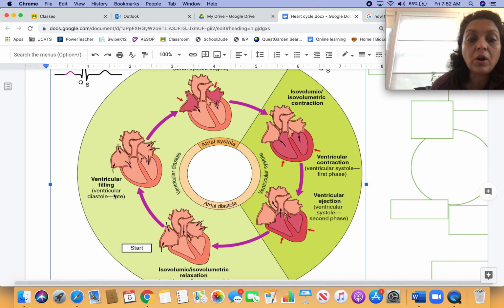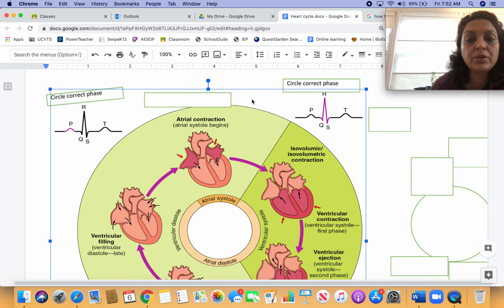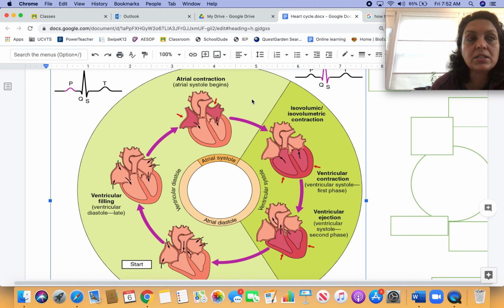At the later part, after about 110 milliseconds, the ventricle starts filling up and it is ready to go into the atrial systole again. So that was the big picture here, talking about the systematic cardiac cycle.